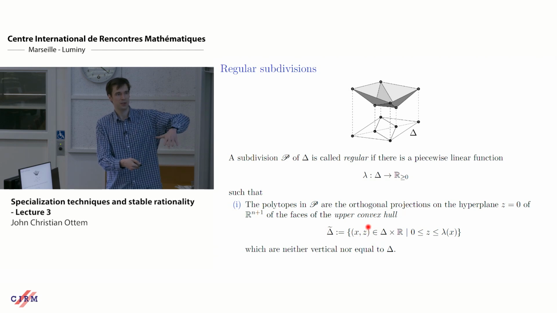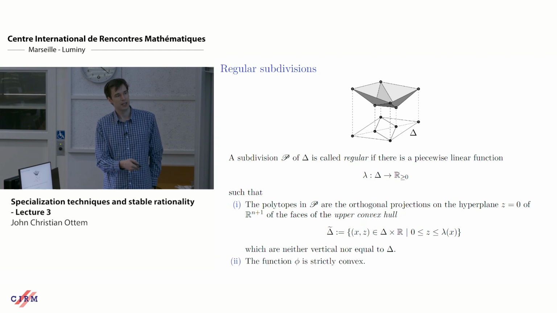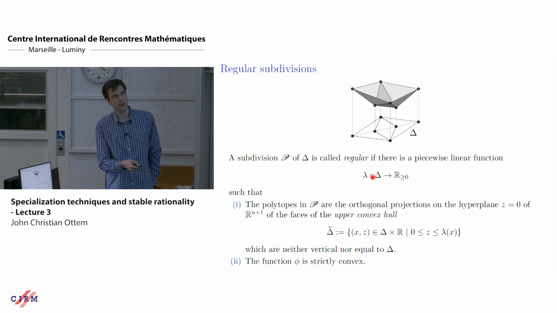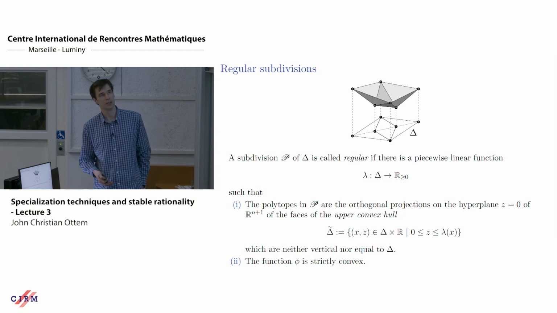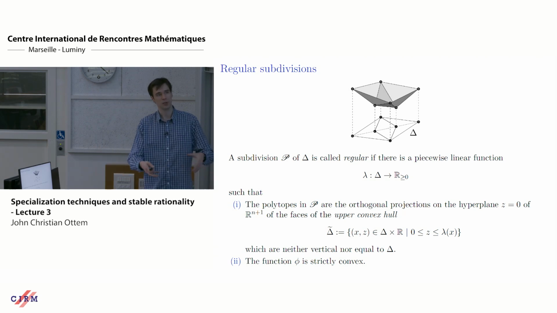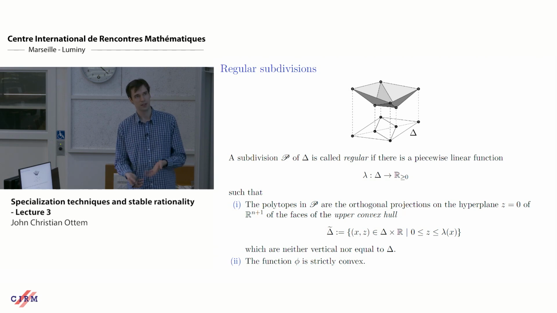You take the graph, and then you take everything that's above the graph, and then you project the faces of this down to subpolytopes of delta. So if you choose some linear function or a piecewise linear function, so that this is convex or strictly convex, you can project the faces down here, and you get a subdivision of the polytope. So these are special subdivisions of polytopes that have this associated function to it.